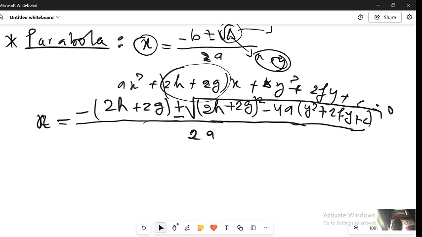So in the previous example, I said this one will be 0 since it's a straight line. No. But here there is a y. We don't have the value of y, so we have to put the value of h, the value of g, all the other parameters that we know, and we keep the y square and the y, so that we will find the equation of the straight line.